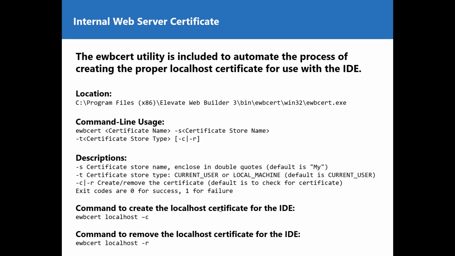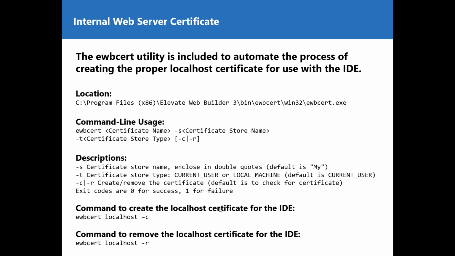Internally, the EWB cert utility uses the Windows API to actually do all the certificate creation. Effectively, what it does is create a self-signed certificate as a root certificate, an Elevate Web Builder root certificate, and then use this root certificate to sign a localhost certificate that's in the personal or My store.